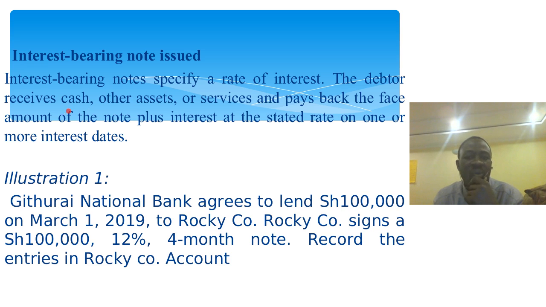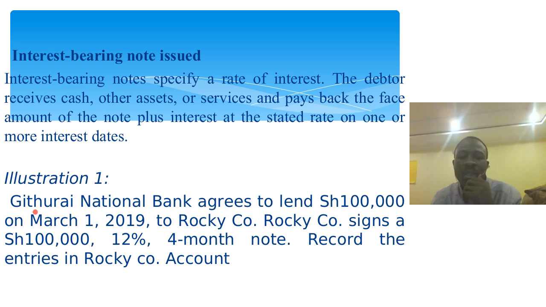The debtor will receive the cash or other assets and will pay back the face amount of the note plus the interest at the stated rate on one or more interest dates. So it will depend on the borrower and the lender on the terms of the interest bearing.